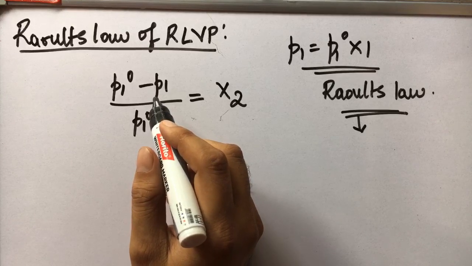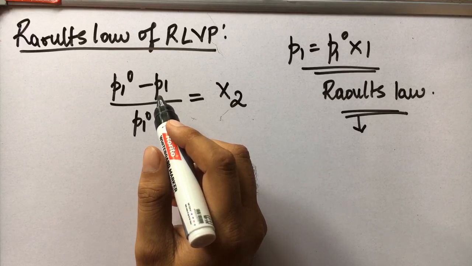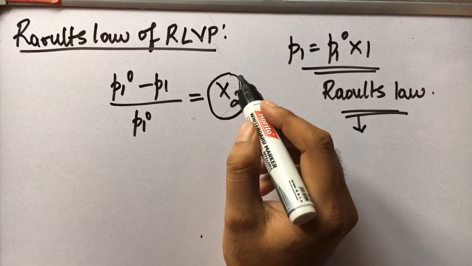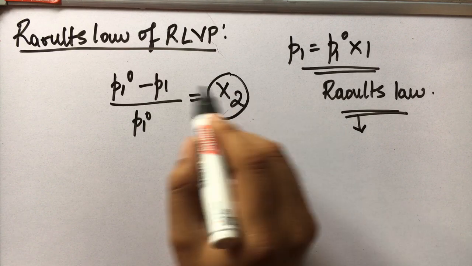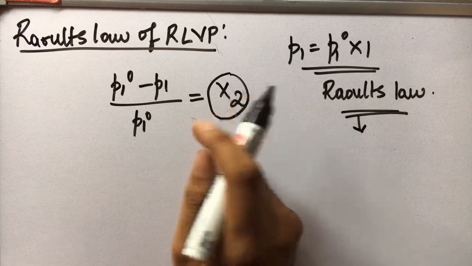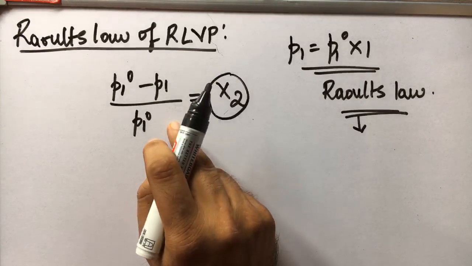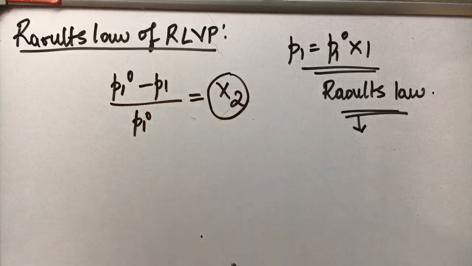Just read the definition: relative lowering of vapor pressure produced by dissolving a non-volatile solute in a solvent is equal to the mole fraction of the solute in the solution. P1 naught minus P1 by P1 naught equals X2. If you tell this in the form of a statement, then we call it Raoult's law of relative lowering of vapor pressure.